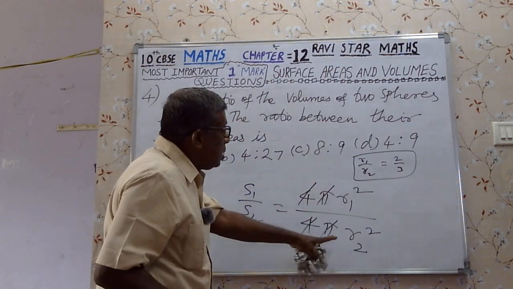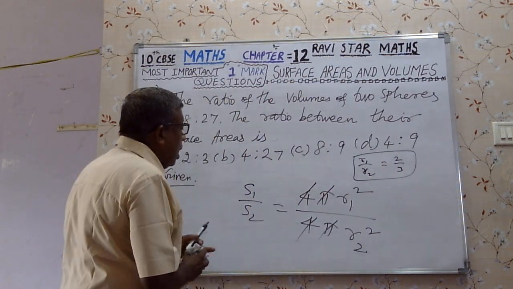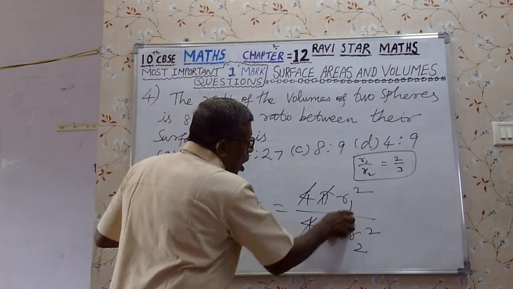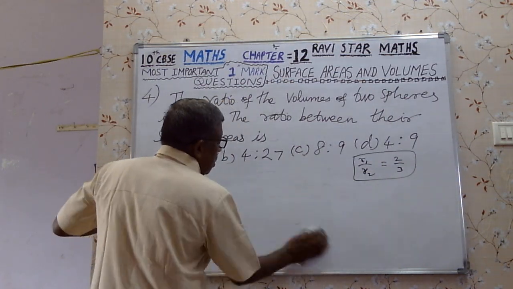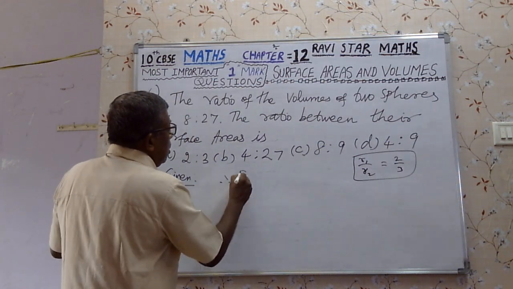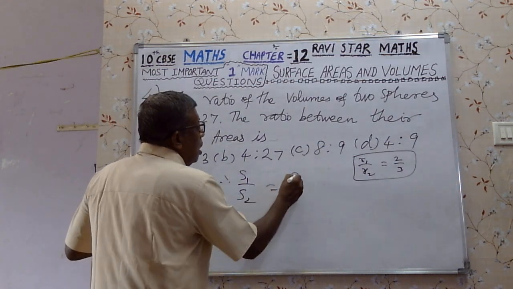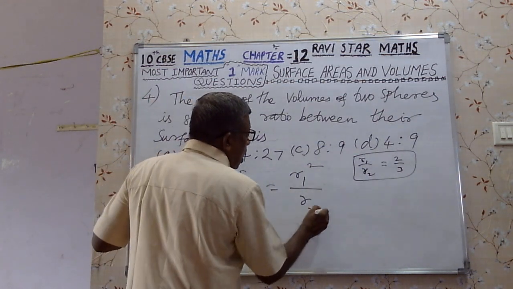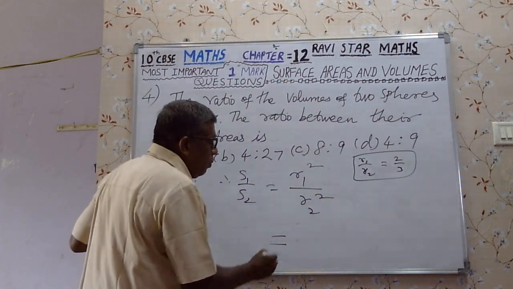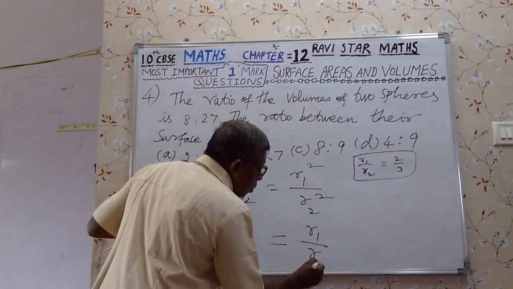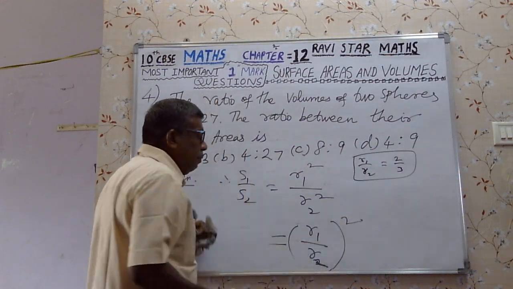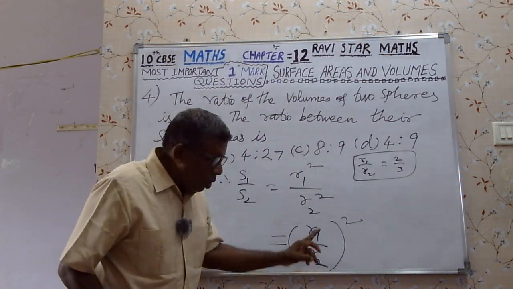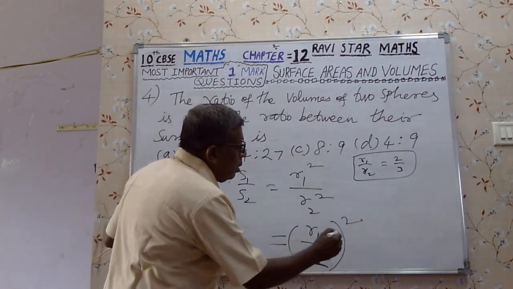Which is equal to R1 squared by R2 squared, which is (R1 by R2) the whole square.